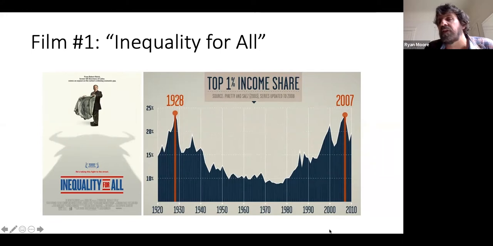And asking, what is it that America did differently during that period of time, and could we do that again in a more equitable way?